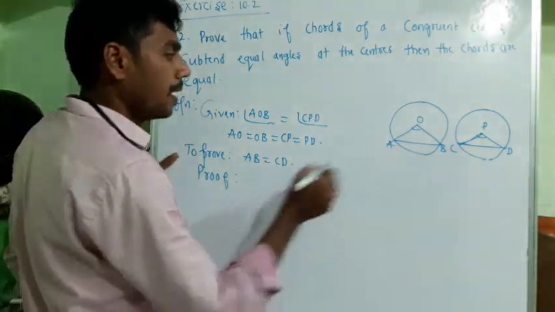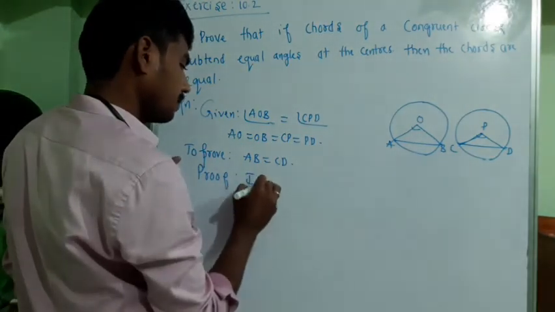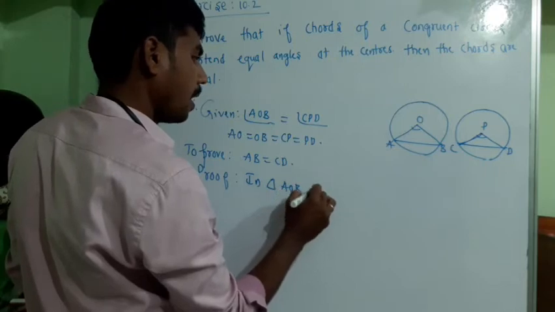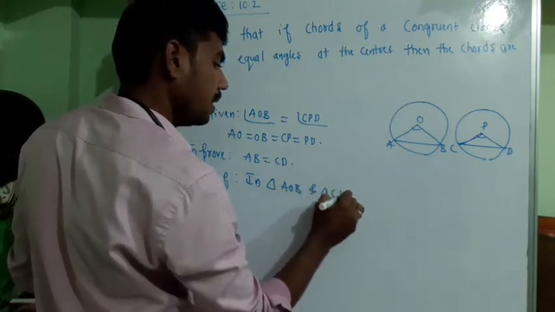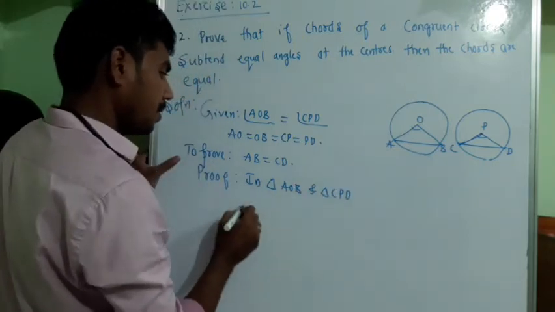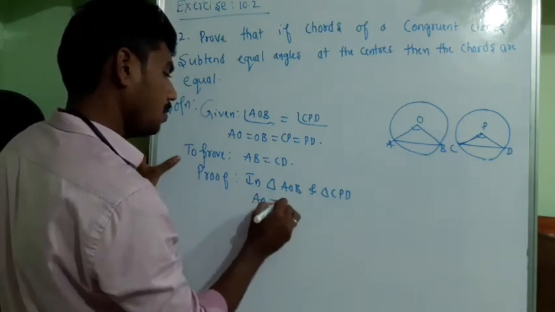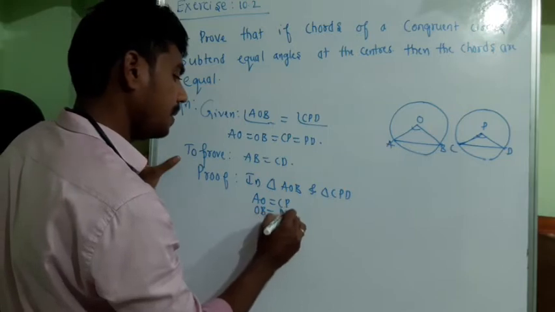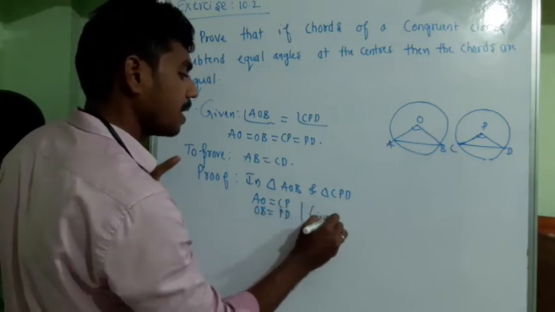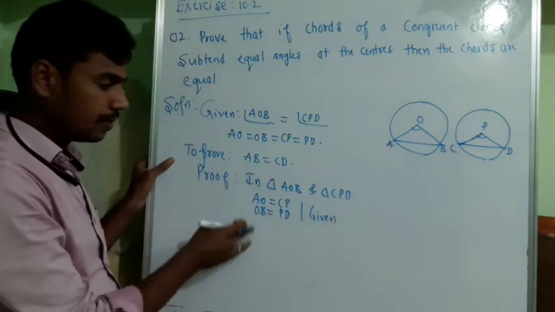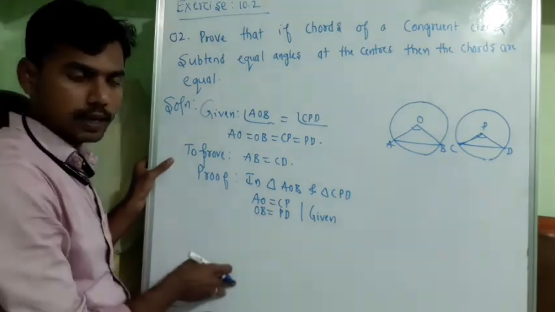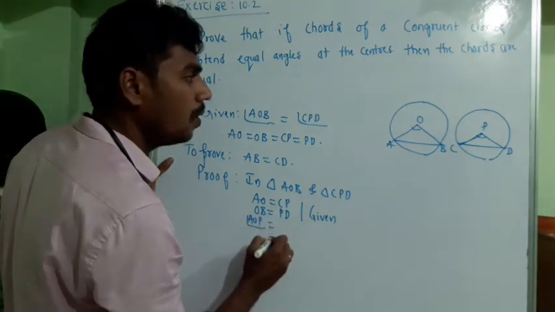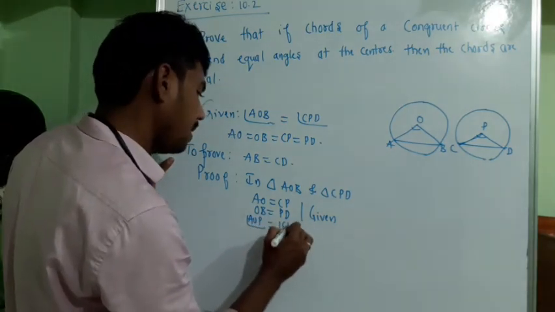Next, in triangle AOB and triangle CPD, AO is equal to CP and OB is equal to PD. Both circles are congruent, so the radii are equal. Next, angle AOB is equal to angle CPD, this is also given.